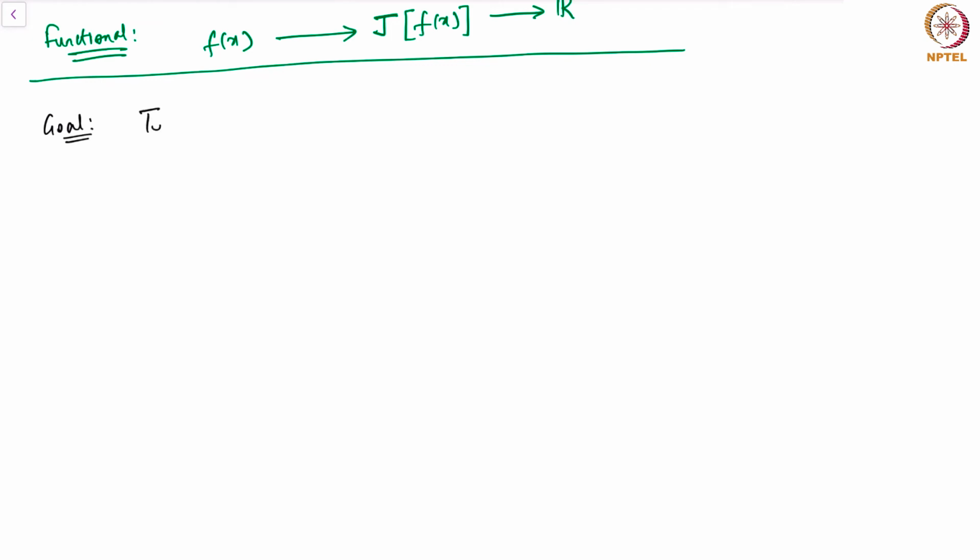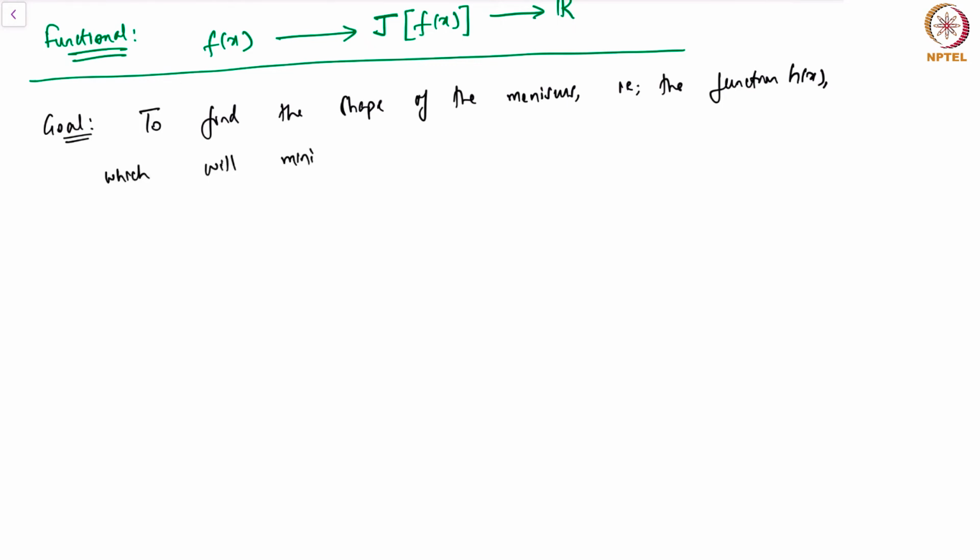The goal is to find the shape of the meniscus, that is the function h of x, which will minimize the energy functional E. Okay. And for this, we need to understand a little bit of calculus of variations.